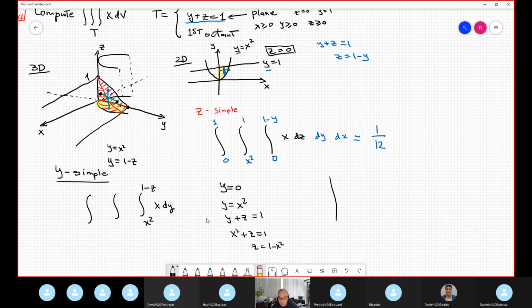Let me try to do the projection in 2D. But in this case, the axis is x-axis here and z-axis here. And this is the equation that I want to graph. Bueno, esta parábola, the parabola opens down, no? Because it's negative, right?